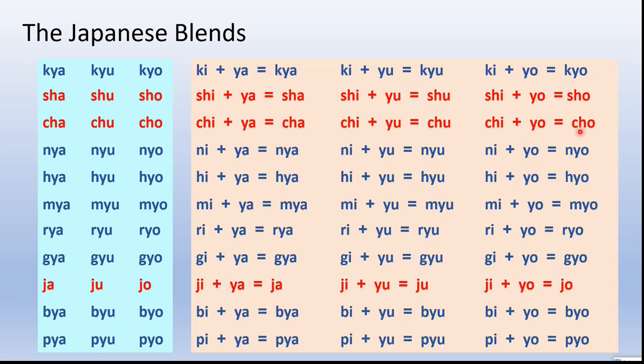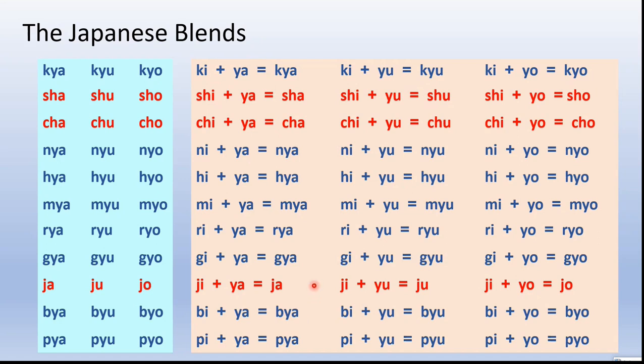So in this way, for all these consonants which belong to the gojuons, dakuons, and handakuons, the i sound of each of these consonants when combined with ya, yu, and yo gives these blended sounds, and the exceptions have been mentioned in red.